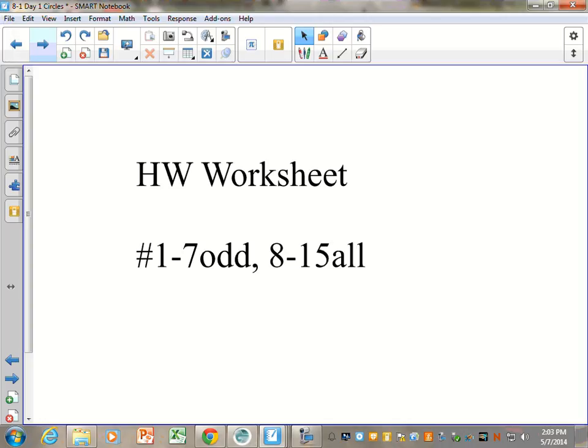But you're not going to do this whole worksheet, most of it. But at the top, you're just doing 1, 3, 5, and 7. You're just doing the odds. And then 8 through 15, you're going to do all of those. But 1, 3, 5, and 7, you got to write the equation, which means you have to find the center and the radius. And so I'll tell you, number 5, you have to do the midpoint and the distance formula on number 5.